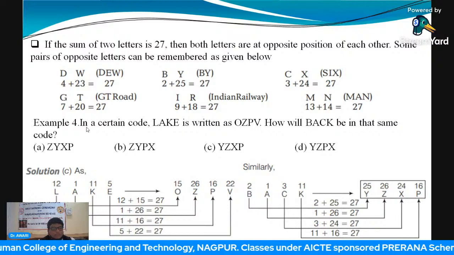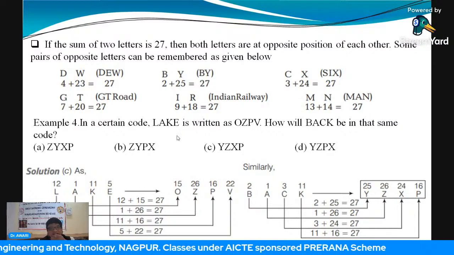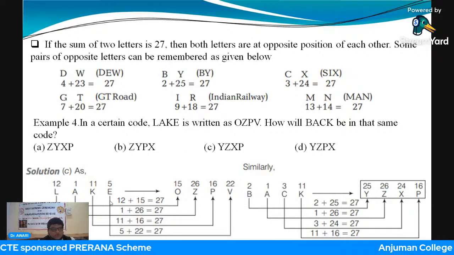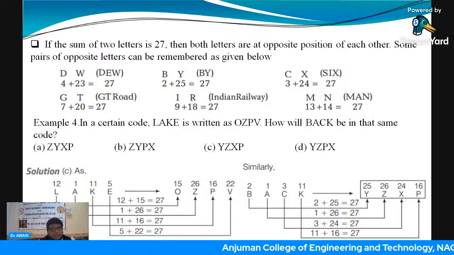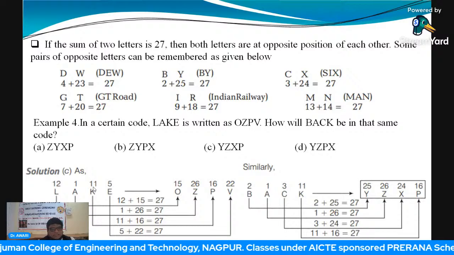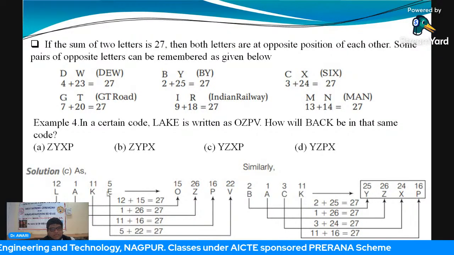Now example: in a certain code, LAKE is written as OZPV, how will BACK be written in that same code? Okay, so here is the solution. How is LAKE written? L is the 12th letter, A is the first alphabet, K is the 11th alphabet, and E is the 5th alphabet.